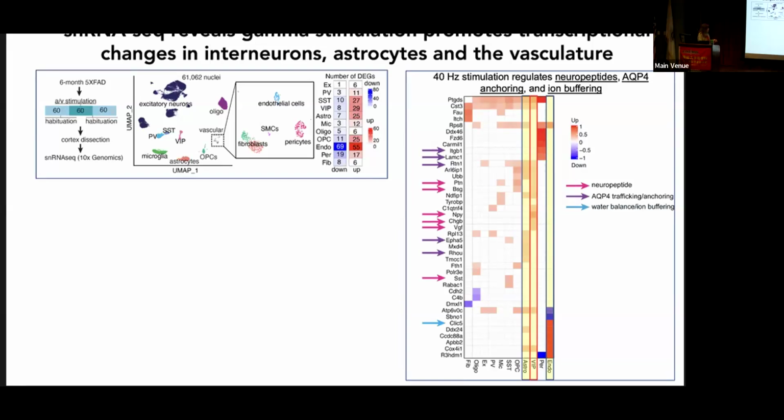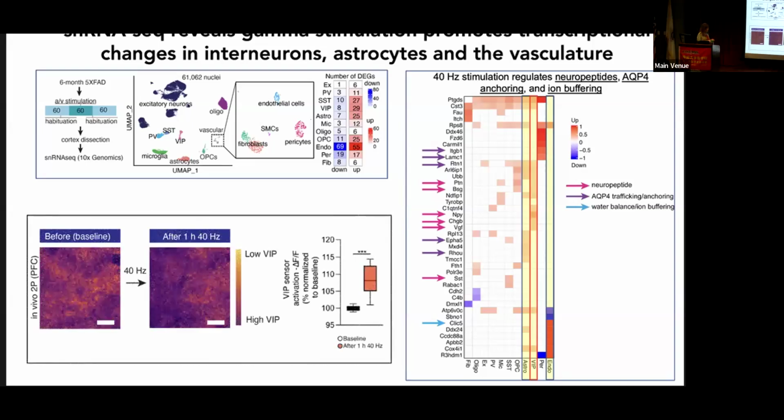So I just want to point out some of the top upregulated genes. And very interestingly, we found a number of neuropeptides, including VIP, SST, VGF, NPY, and so on. So to validate whether there's really increased neuropeptide signaling, Boyden's lab developed a VIP sensor.